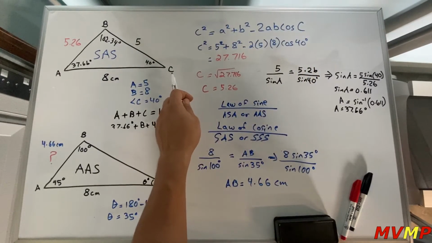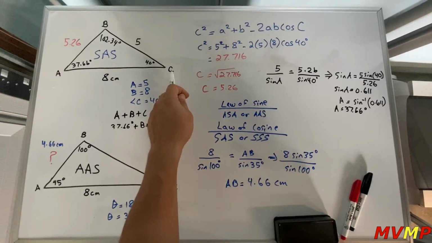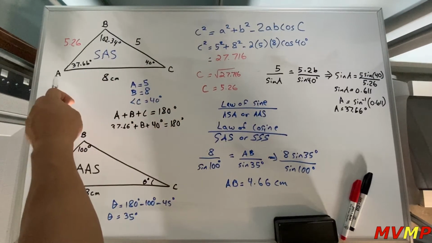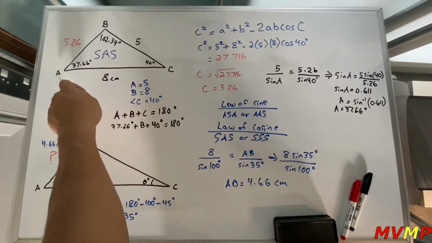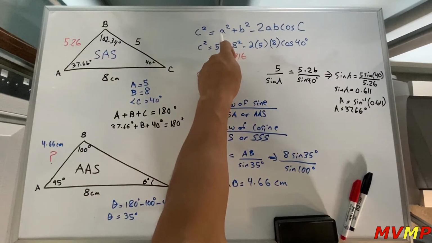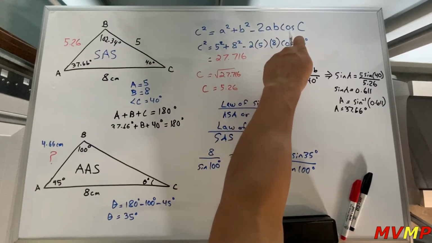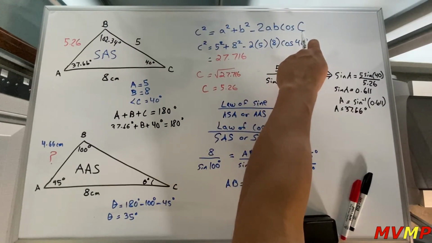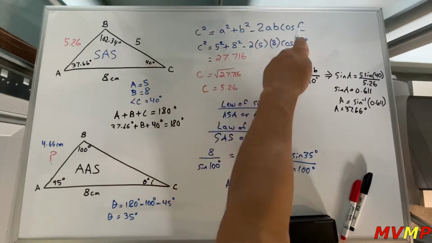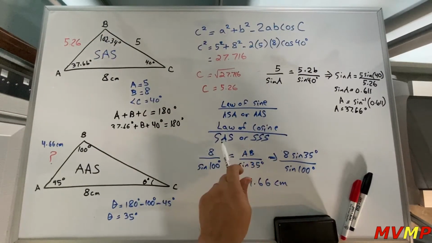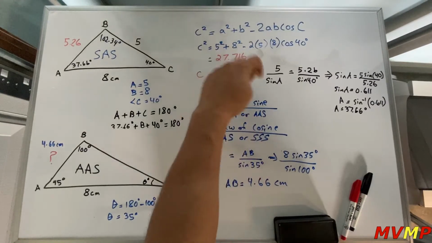In this case, since we were finding the side right across from C, you put C on the outside. If you're not given this side, then you do A squared, which would be B squared plus C squared minus 2BC cosine of A. So you just move this formula around to do a side or side-angle-side problem.